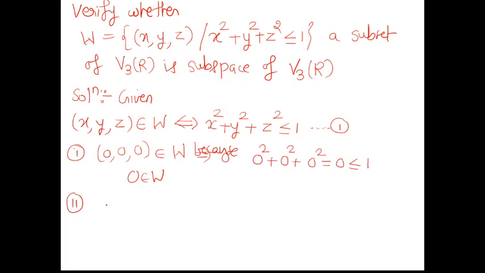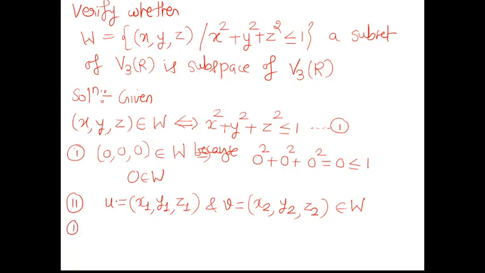The second condition says that we need to select 2 elements of W. So let us take the first element as U, a triplet x1, y1, z1, and the second element as V, another triplet x2, y2, z2. So U and V both are elements of W. As per equation 1, they should satisfy this condition.